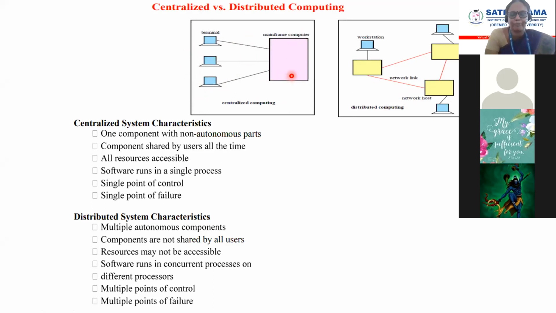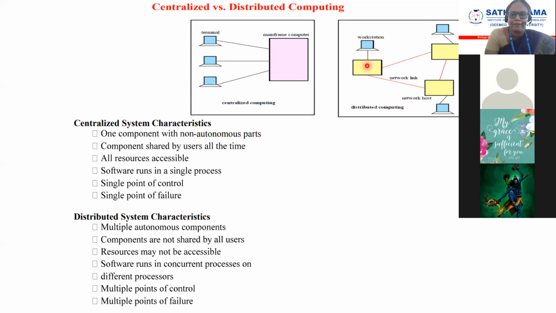That is centralized computing. But only a single point of control is in centralized computing. So if any failure occurs here, the other terminals connected to the mainframe computer cannot be accessed. The main advantage of distributed computing is multiple points of control.